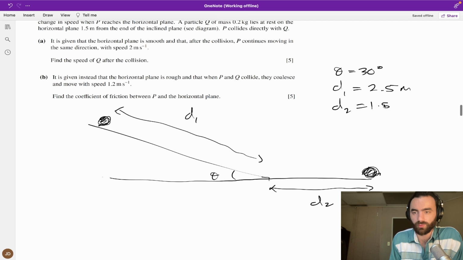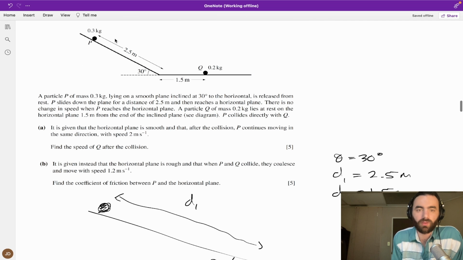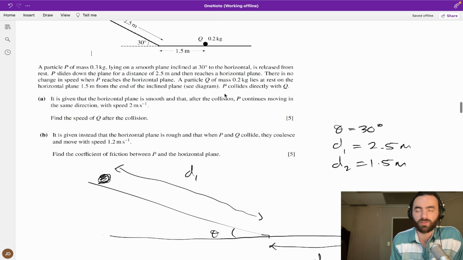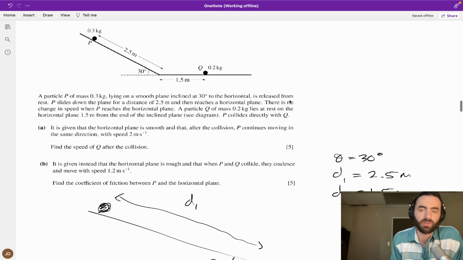I always recommend drawing these things out, even if they give it to you, because it reinforces what's going on in your mind. Sometimes these harder ones can get complicated because there's a lot going on, so doing sketches is really helpful.